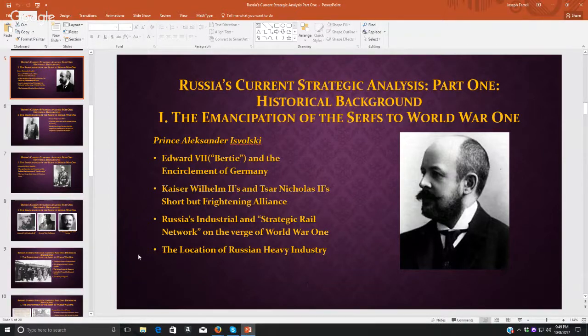And the other final thing, and this is really a key component, I want you to latch on to this, because this becomes very much a part of the Russian strategic calculation after the crisis of World War I. Because if you look at the dispersion or distribution of Russian industry in World War I, guess what?